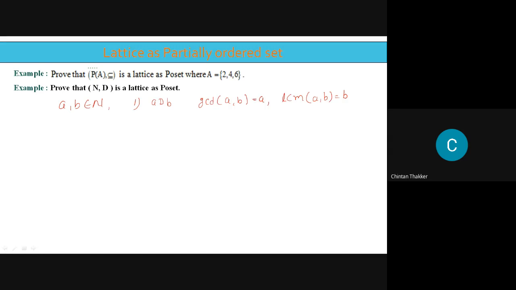So it belongs to the capital N. The second case is b divides a. If b divides a, then GCD of a and b is b, and LCM of a and b is a. So again, GCD and LCM belong to N.